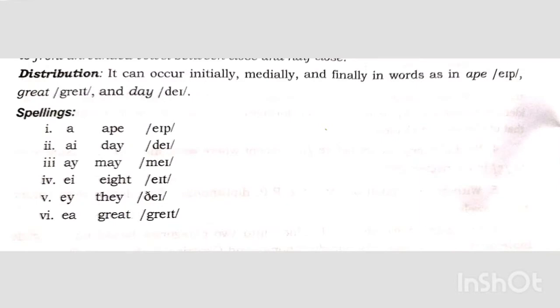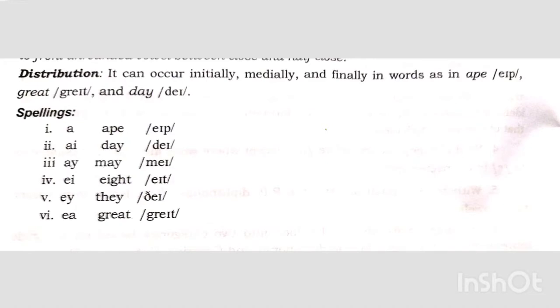So AY, these two letters represent the vowel sound A, the diphthong A. Then May, AY stands for the vowel glide A. Eight, EI stands for the vowel glide.